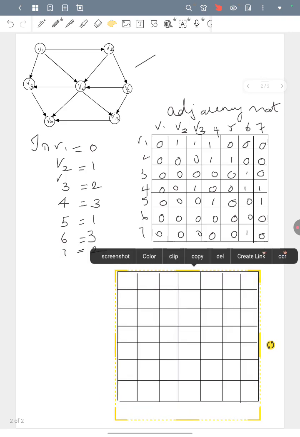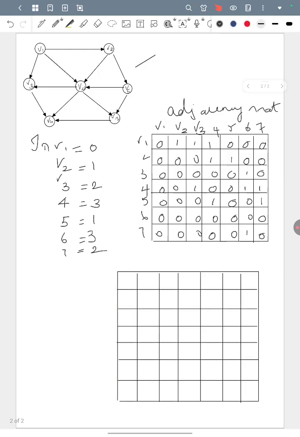Now the next step is we fill in V1, V2, V3, V4, V5, V6, V7, and we have to calculate the NQ and DQ order.